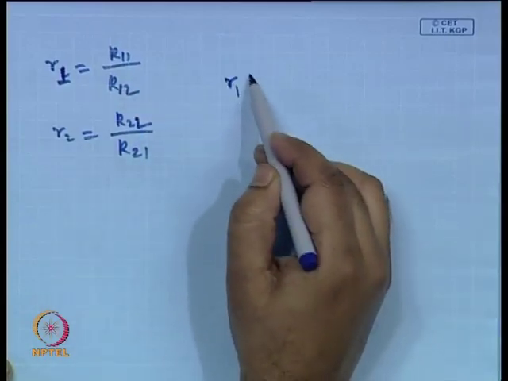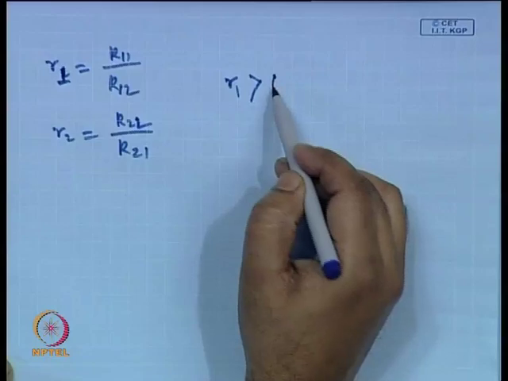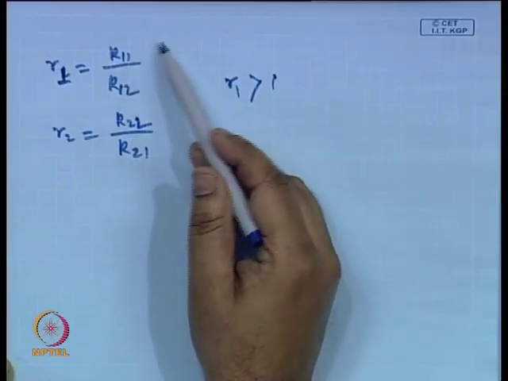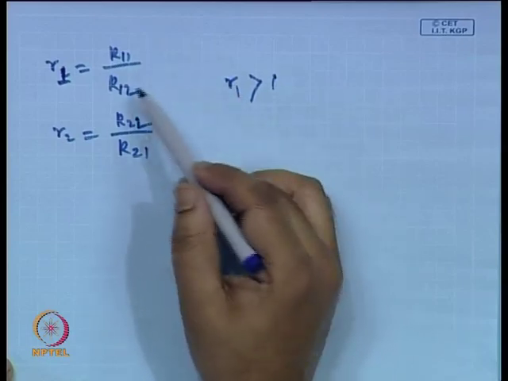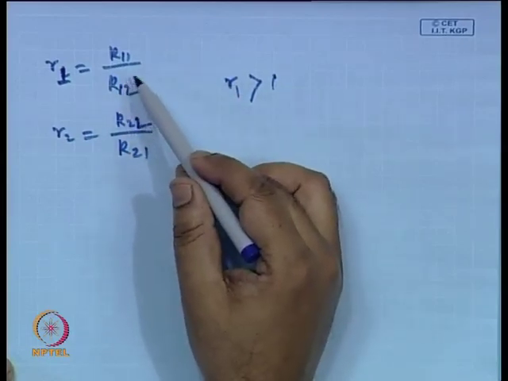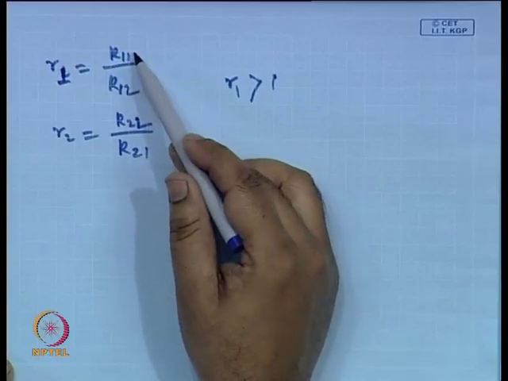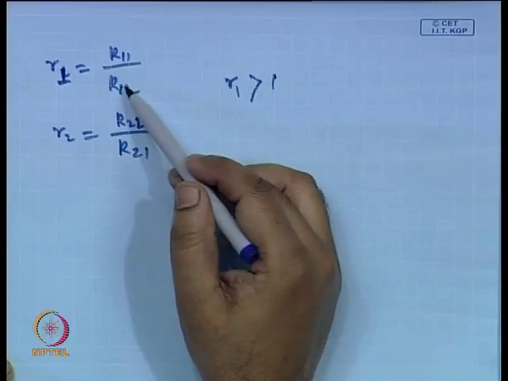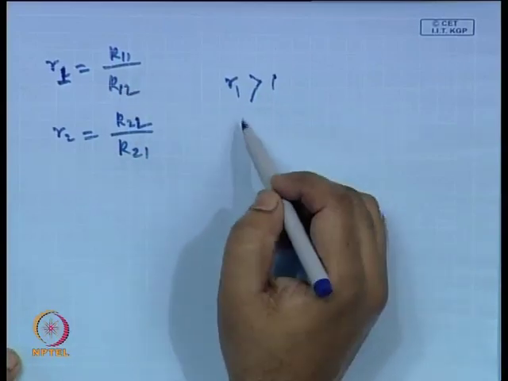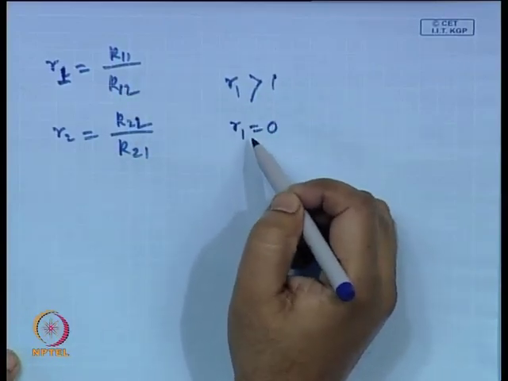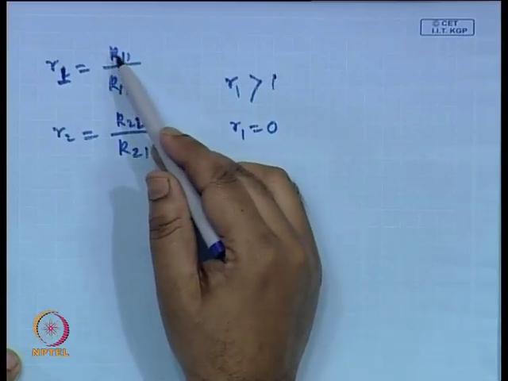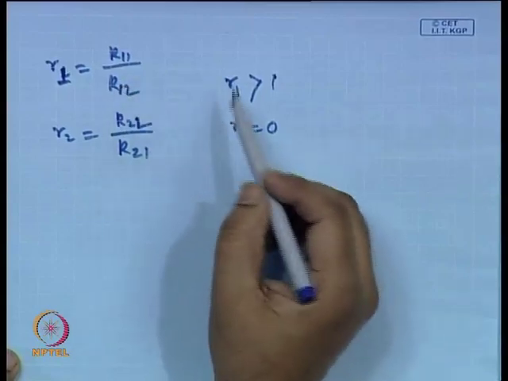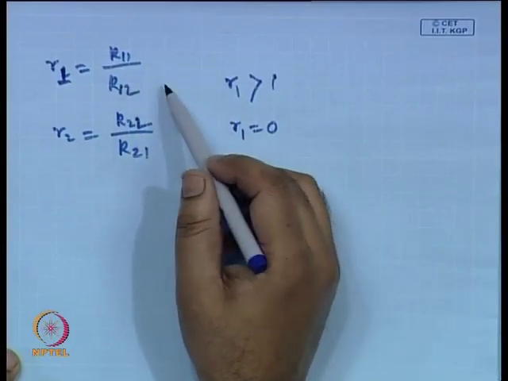Now, if r1 is greater than 1, then the tendency for homopropagation is more compared to cross propagation, which means that the tendency for formation of homopolymer is more than copolymerization. If r1 is 0, which means there is no tendency of homopolymerization, it can only undergo copolymerization.